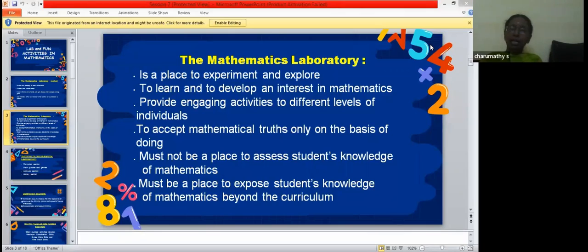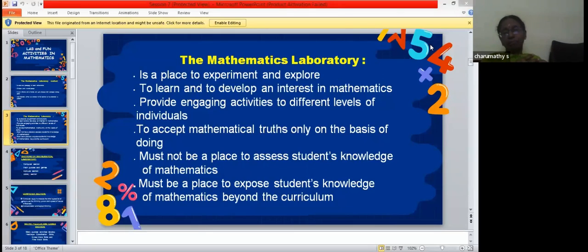It is definitely fun, and they also learn a lot that way. Of course, fun learning is also a very important tool for gaining knowledge in a particular concept. That adds value to the knowledge that they gain.